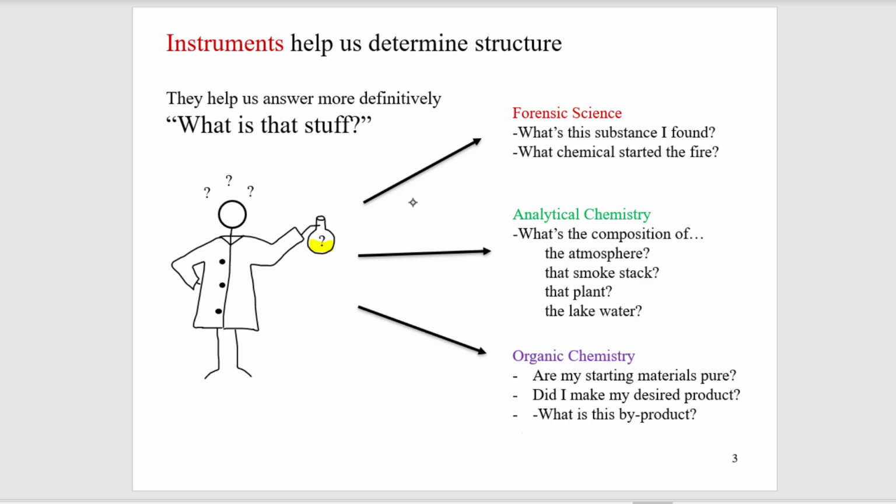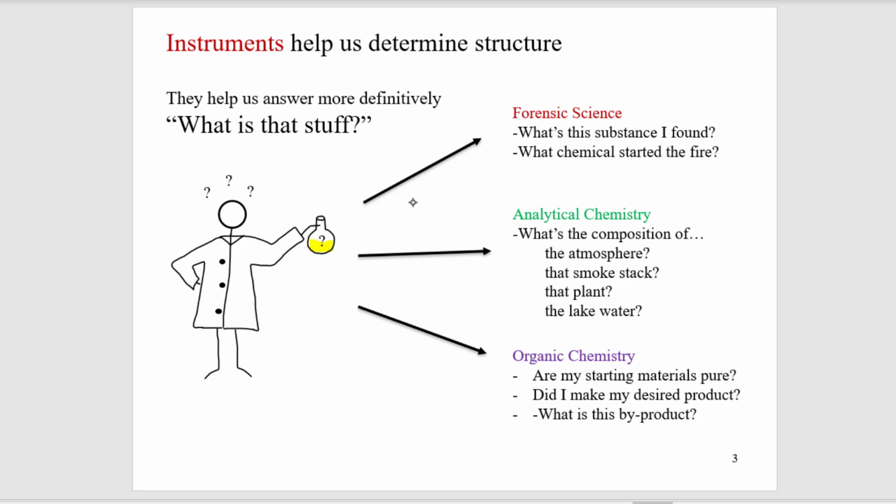Perhaps there's a plant. Maybe the plant has been used for years in herbal medicines, and we want to know what compound in the plant is actually doing all of the biological work. So we want to purify all the substances from one another and study the components of that plant. Lake water, right? What's the pollutant in the lake water? What is the composition of other molecules in that water?